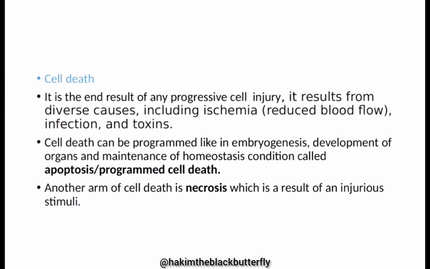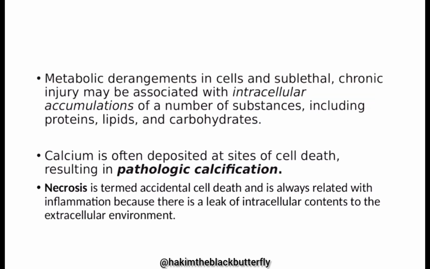And I told you cell death is divided into two: accidental cell death, unwanted cell death, what we call necrosis, then programmed cell death, the innate cell death, good cell death, if you want to say, what we call apoptosis. Okay, so the unwanted cell death, necrosis, has different morphological features.